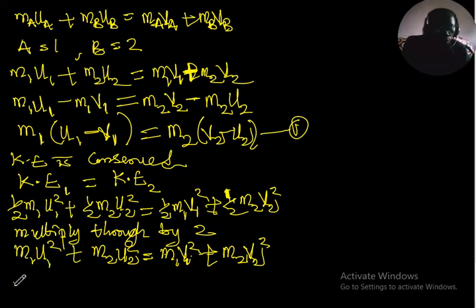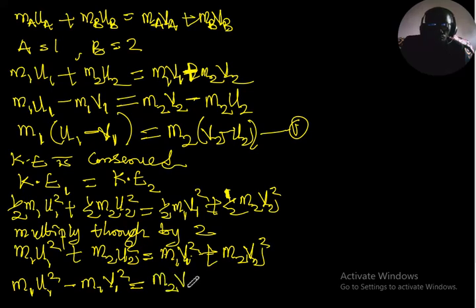So here we are going to have M1 U1 squared, then this coming over, minus M1 V1 squared, equals M2 V2 squared minus M2 U2 squared. Now let's go to the next page.